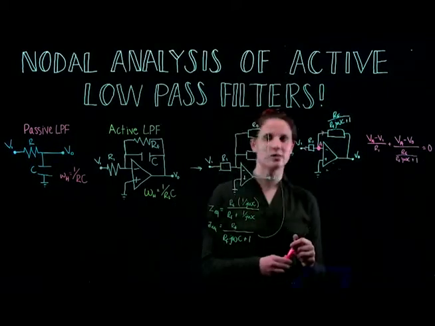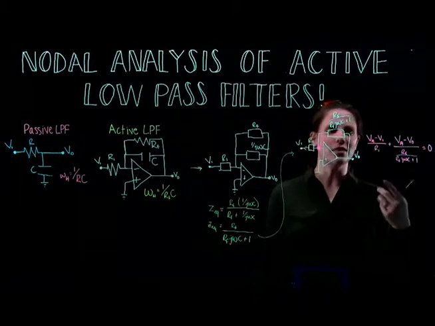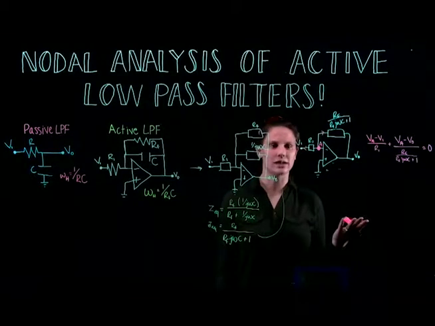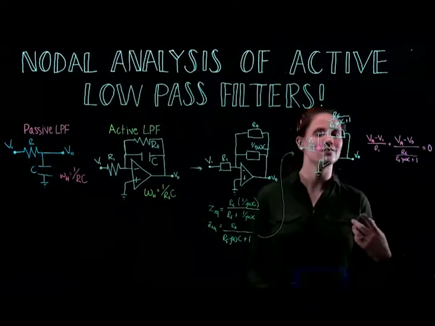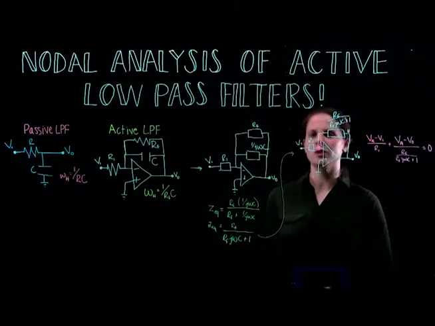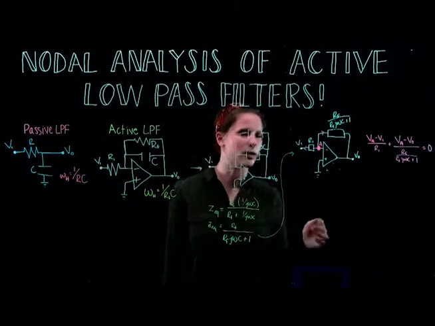So we've got this equation, which is great, but what we still don't have is a way to solve it because we've still got this VA that we don't have any way of solving. So what we're going to do to fix that is we're going to look at some of the op-amp principles here. So we've got this inverting op-amp. We know what to do with that. We've analyzed this plenty before.